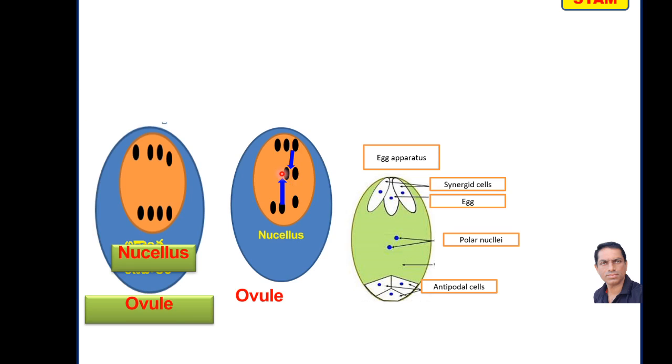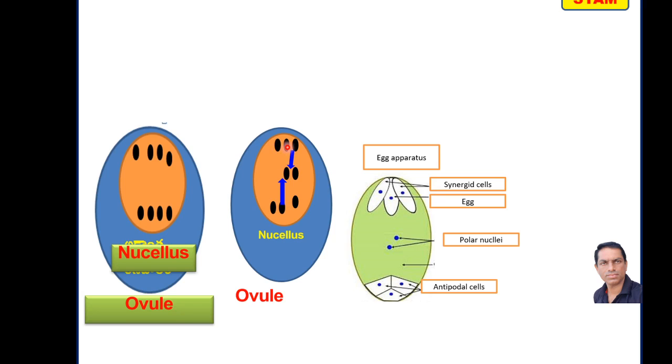At this time, three nuclei are present towards the micropyle side, three nuclei towards the chalazal side, and two nuclei in the middle of the female gametophyte or embryo sac.